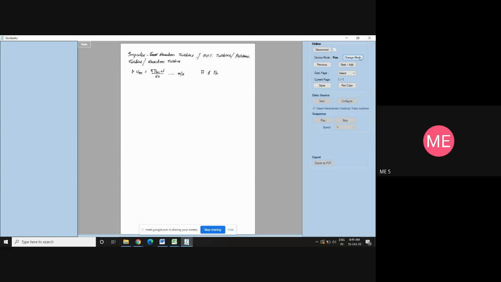You should not take d1 or d2 directly. You have to convert these two into dm, where dm is equal to d1 plus d2 by 2, and substitute here.